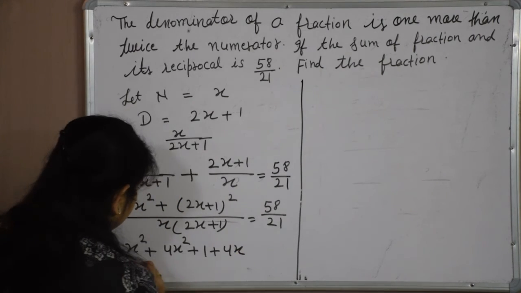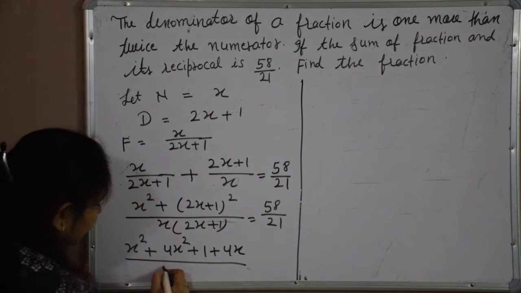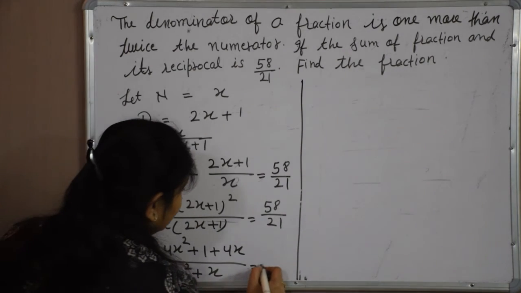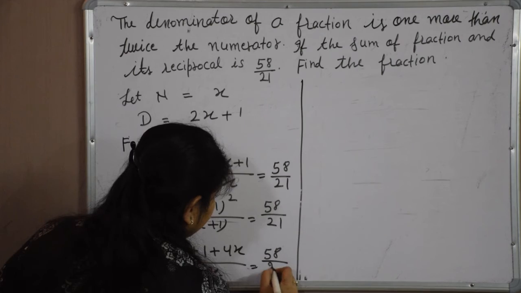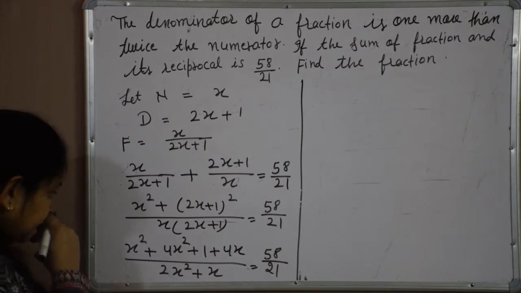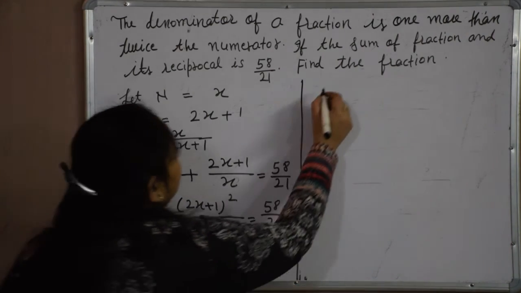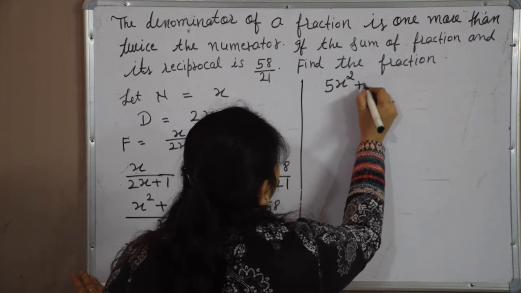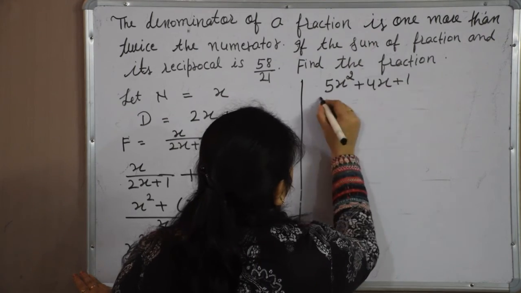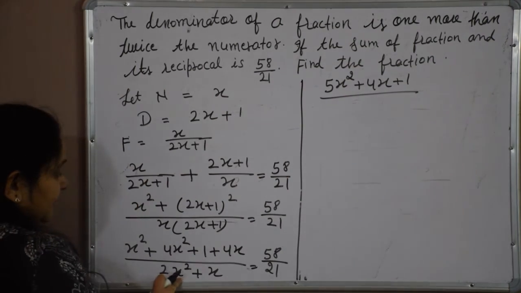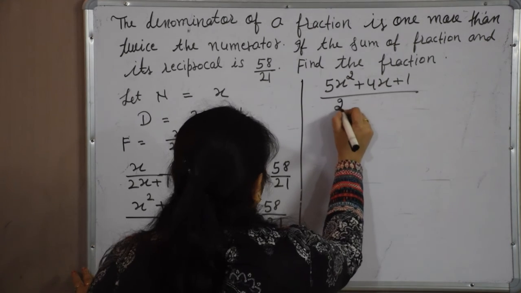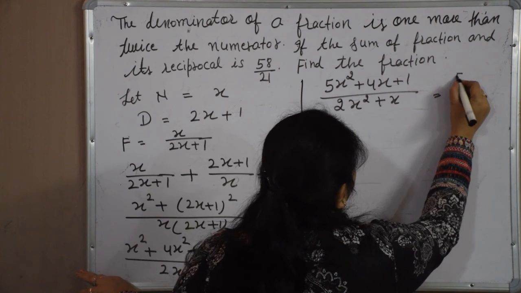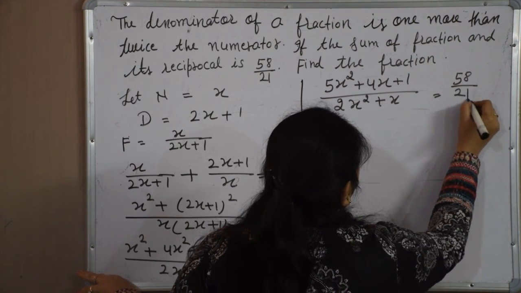This 4x, here we will multiply, 2x square plus x. So x square plus 4x square becomes 5x square plus 4x plus 1, and in the denominator we have 2x square plus x, equals 58 divided by 21.